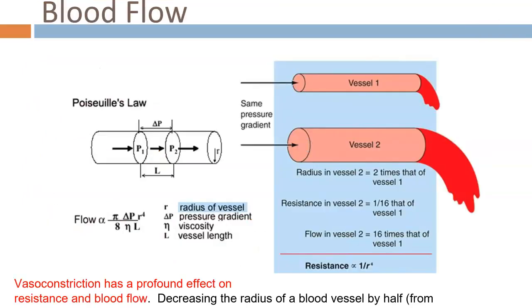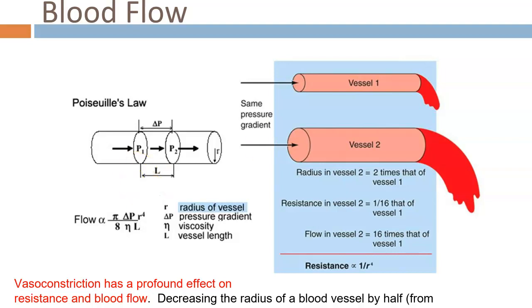The relationship between vasoconstriction and blood flow is not a one-to-one relationship, meaning that if we decrease the size of a blood vessel by a factor of 1, blood flow does not decrease by a factor of 1. The effect that vasoconstriction has on blood flow is to reduce it by factors of 4.